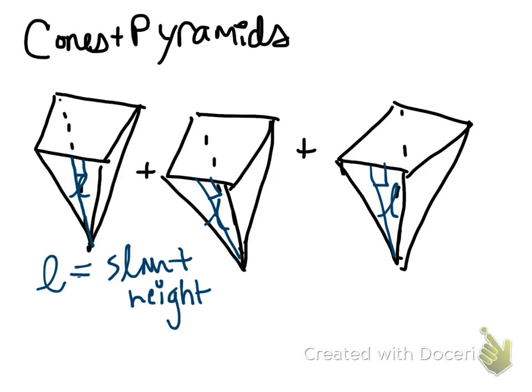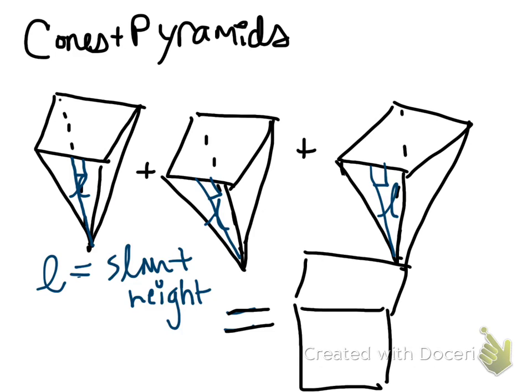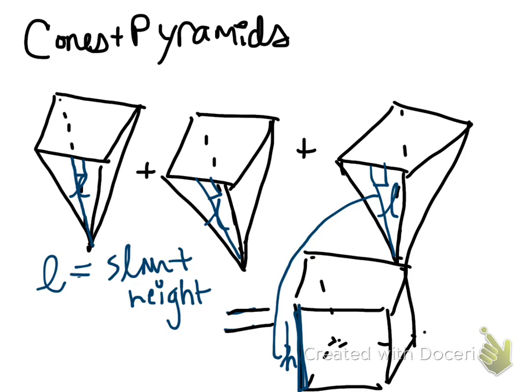Altogether, these three pyramids add together and equal one rectangular prism, where the slant height is the same as just the height of the side of this rectangular prism.